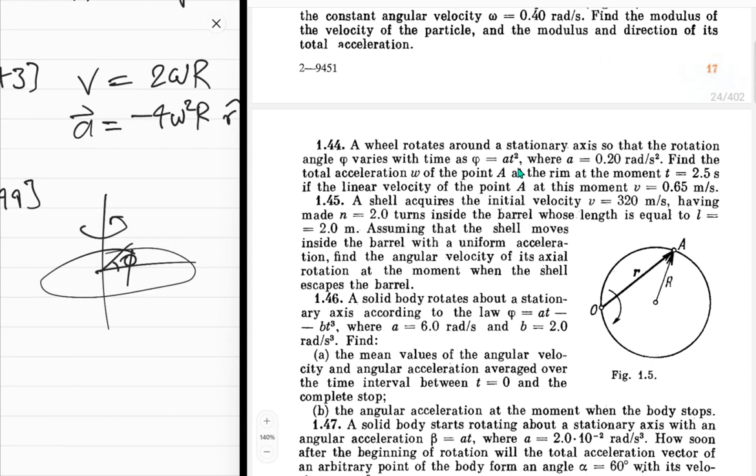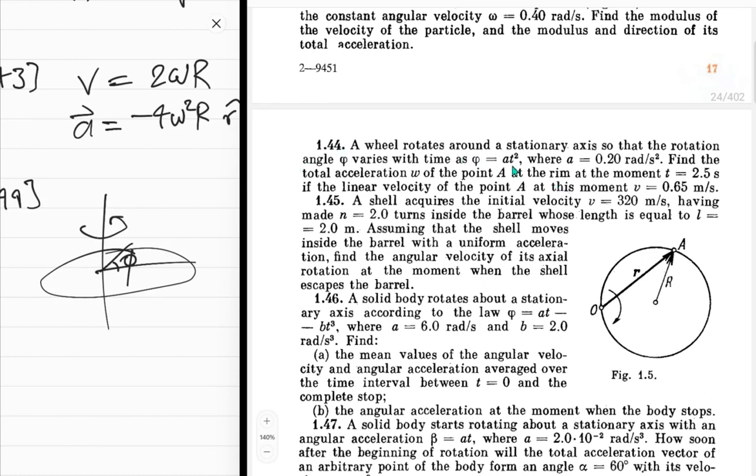Find the total acceleration w of the point A at the rim, at the moment t is equal to 2.5, if the linear velocity of the point A, wait, what? Oh, so the angle varies like this.